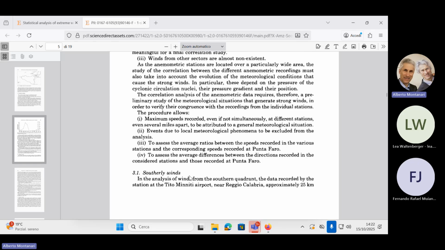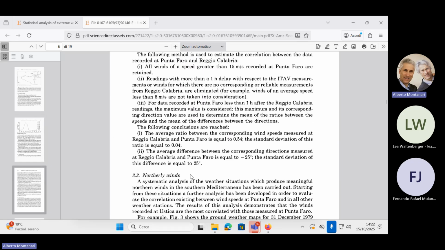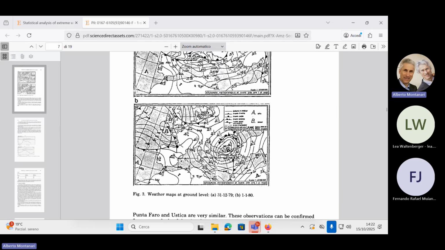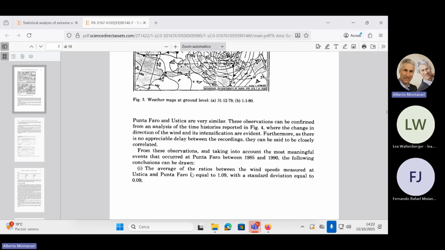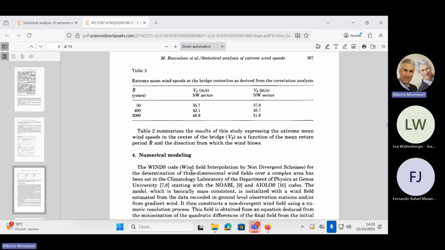Okay, and then there is a description of the winds and statistics. Here there is a weather map, a wind map, and I think there is also, no, there is no wind rose here.